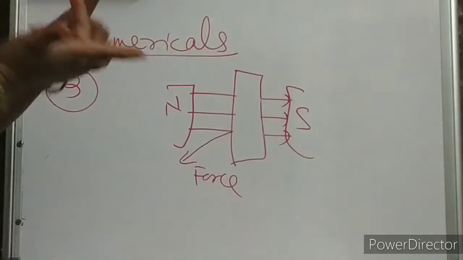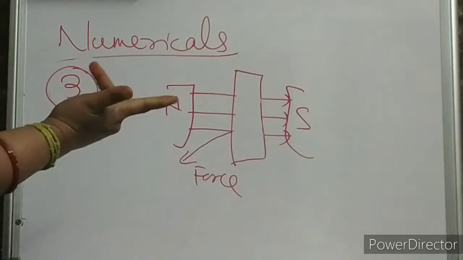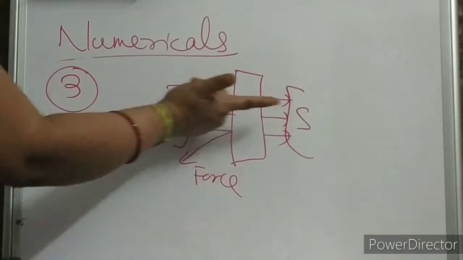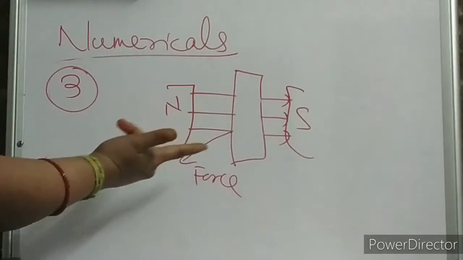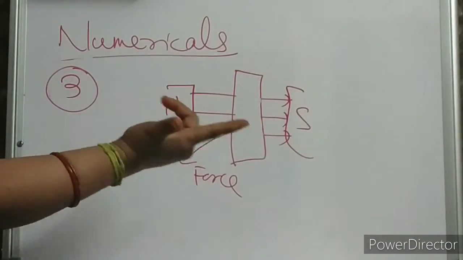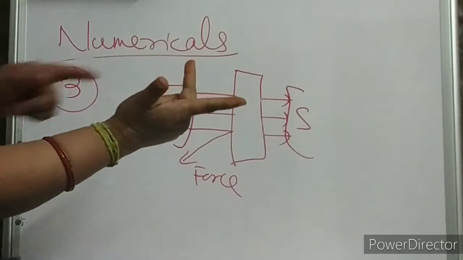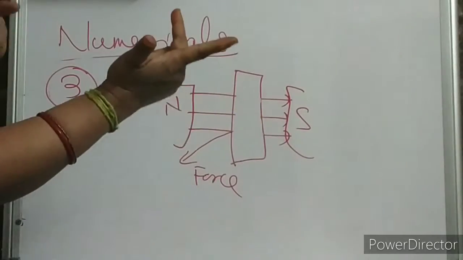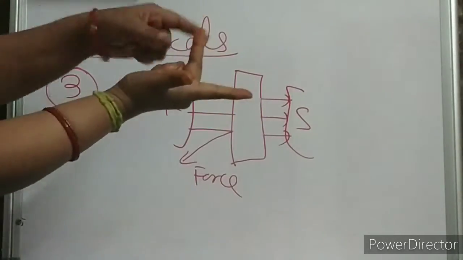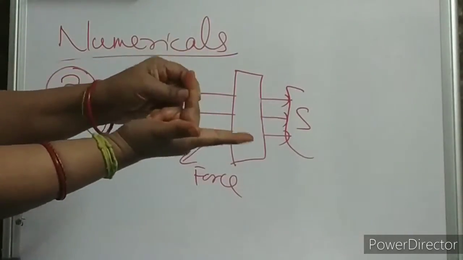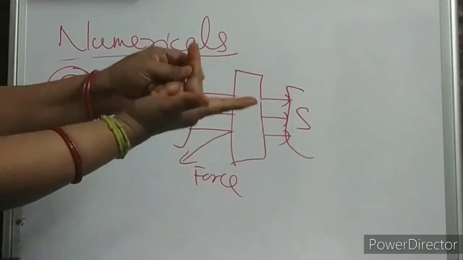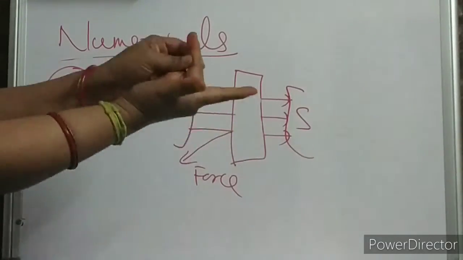So this finger, stretch your finger. Now forefinger is towards magnetic field children, and force. This force is outward. See, stretch. So force is outward, out of the board. Okay. The central finger gives the direction of your current. See the current direction.